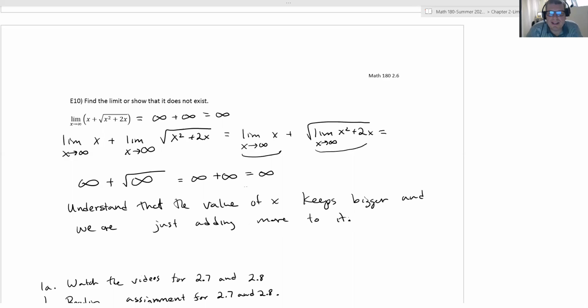So basically all we're doing with this one is adding infinities, which is just going to end up being infinity. Same if you multiply two infinities together. That's still just infinity. It's getting really, really large. There's no problem there.